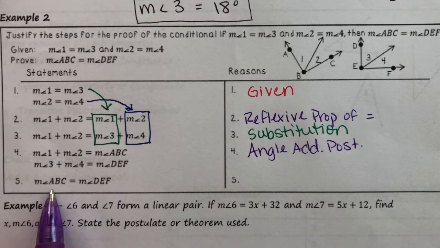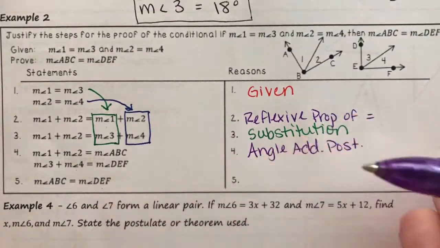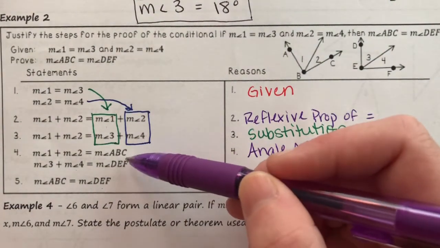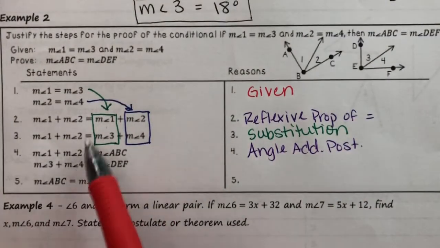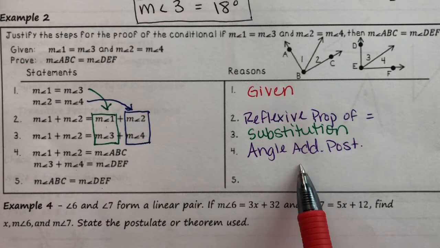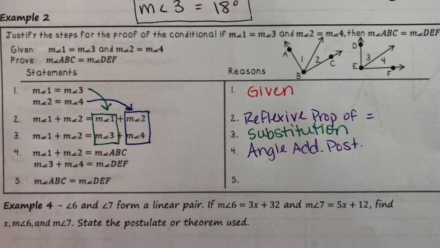So the measure of angle ABC is equal to the measure of angle DEF. So how do I know that? What rule tells me that I can go from line 4 to line 5? Well, if I start looking up here, to get from step 3 to step 4, we used angle addition postulate. Now we're going to combine steps 3 and 4 to get to step 5, right?